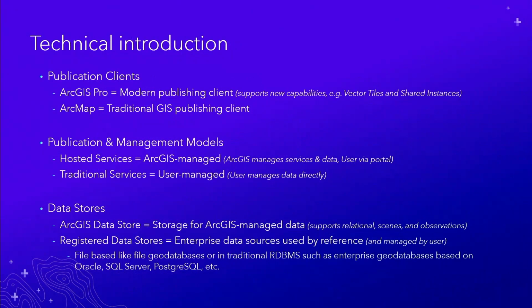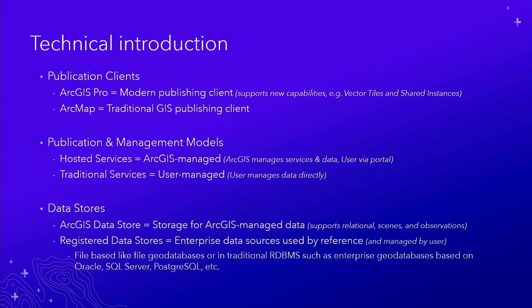We touched on this a little bit, but when we talk about publication clients, I also want to make clear that we have the right terminology and we all agree on the different words we're using. When we talk about a publication client within the ArcGIS ecosystem, we really have 2. There's ArcGIS Pro, which is the modern publishing client.